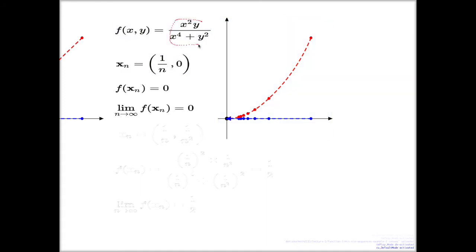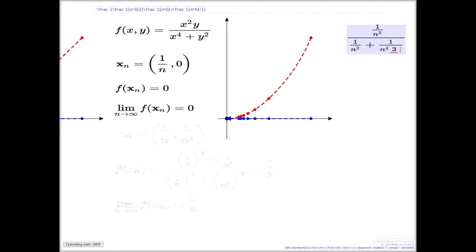Let's just try to compute it from the top of our heads. If I compute it here, 1 on n, 1 on n, it will be 1 on n cubed in the numerator. And the denominator will be 1 on n squared plus 1 on n4.